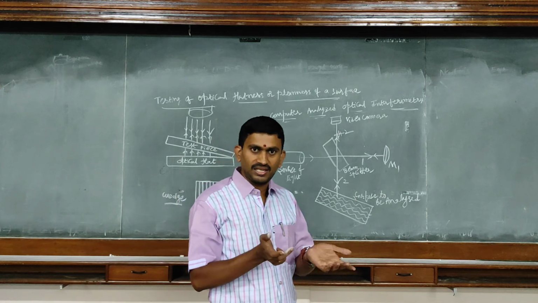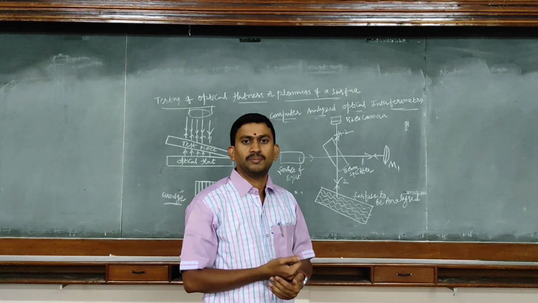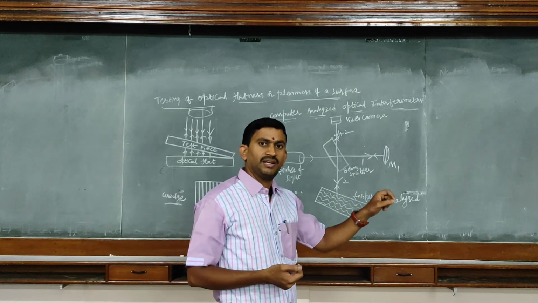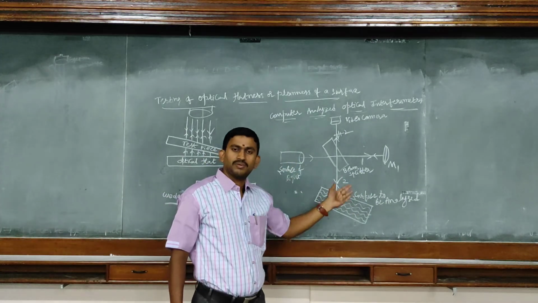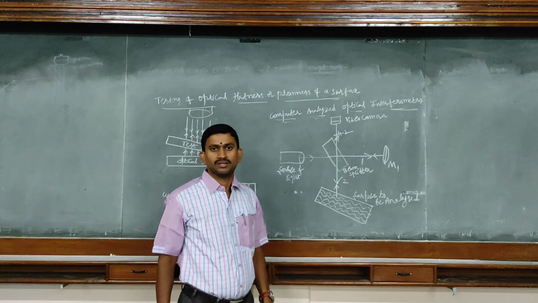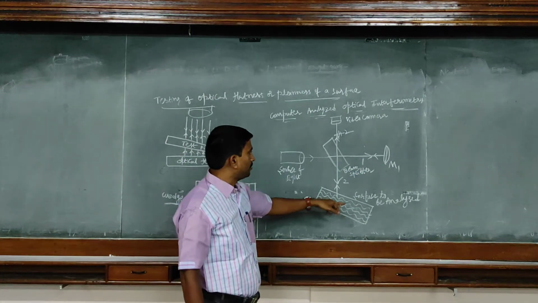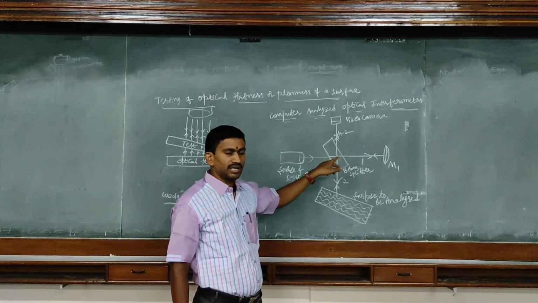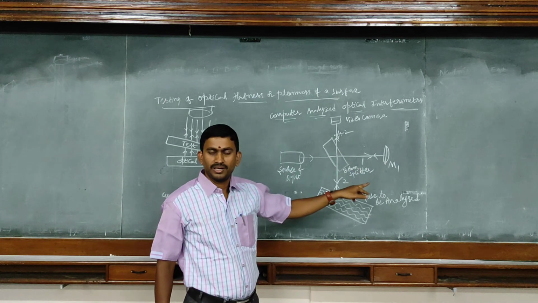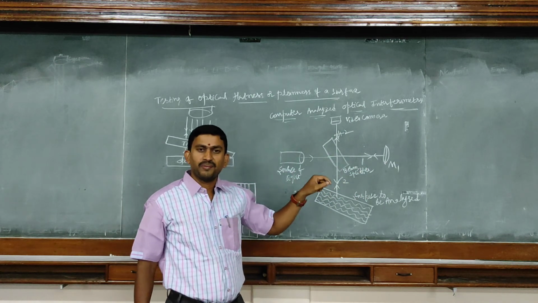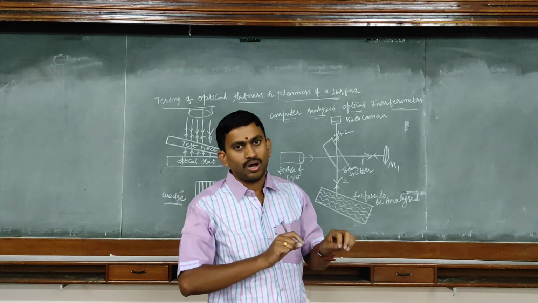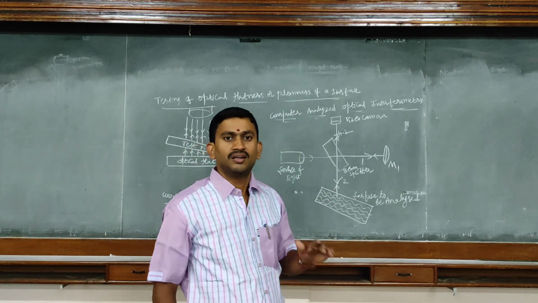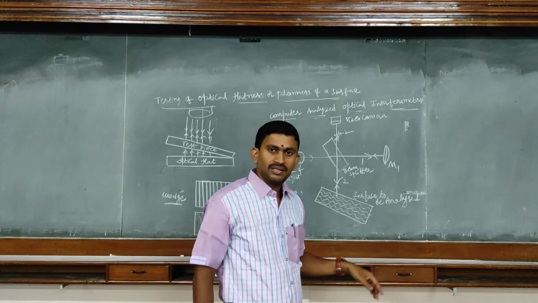That three-dimensional representation of the surface reveals whether there are any minute defects or not. If defects are there, the 3D representation identifies them. If there are no defects, we can also see that on the computer. This is how, with the help of the computer analyzed optical interferometer, one can identify even polishing or minute defects of the surface.